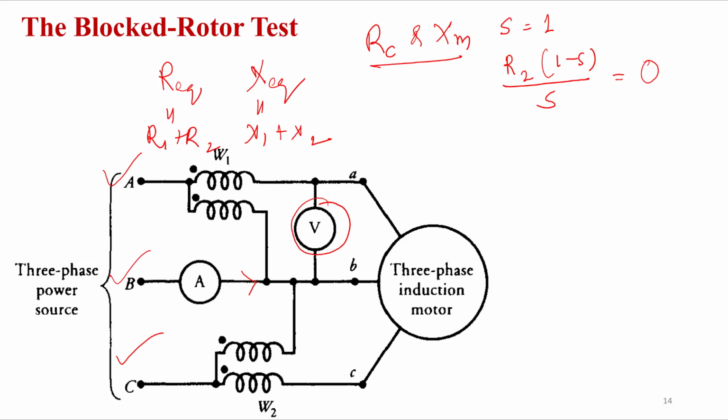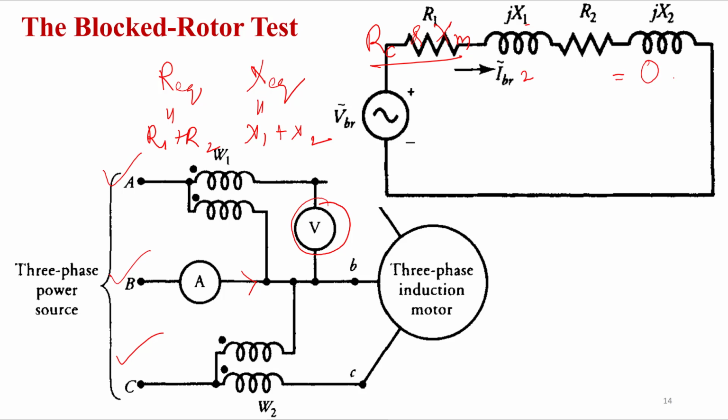What does 0 mean? The dynamic resistance becomes 0, it means it is shorted, right? Shorted. So we remove this dynamic resistance, and we can draw the equivalent circuit like this by shorting the terminal here.